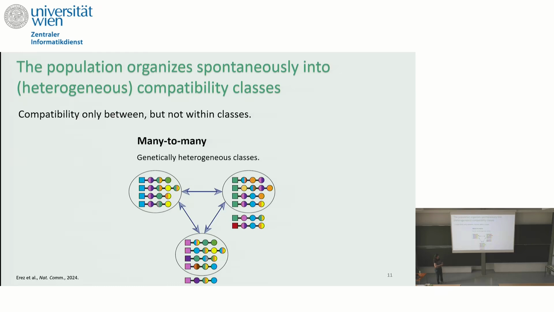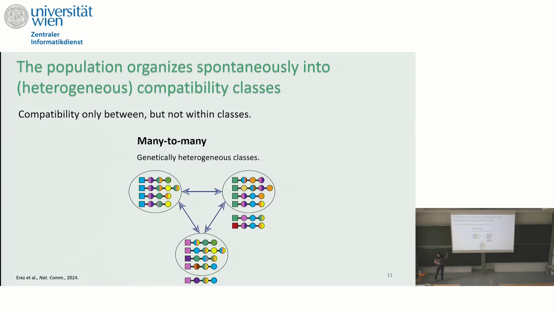A class is defined such that within the class, every individual is incompatible with all the other members of the class, but each of them is compatible with all members of all the other classes, and classes are, of course, non-overlapping. And interestingly, almost all the population is classified into one of these classes.